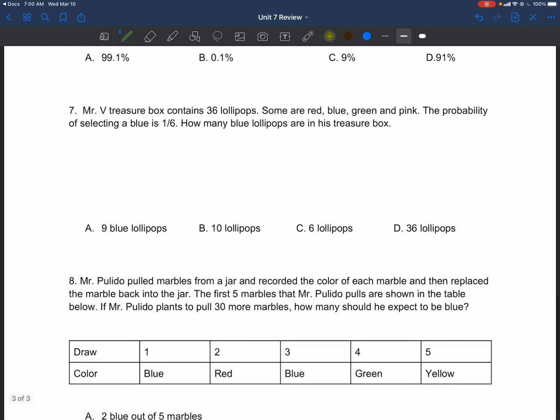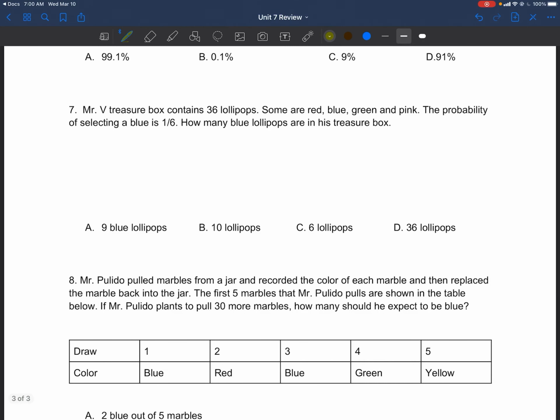All right. Number 7. Mr. V's treasure box contains 36 lollipops. Some are red, blue, green, and pink. The probability of selecting a blue lollipop is 1 out of 6. How many blue lollipops are in his treasure box? So we're looking for the blue lollipop out of the total.